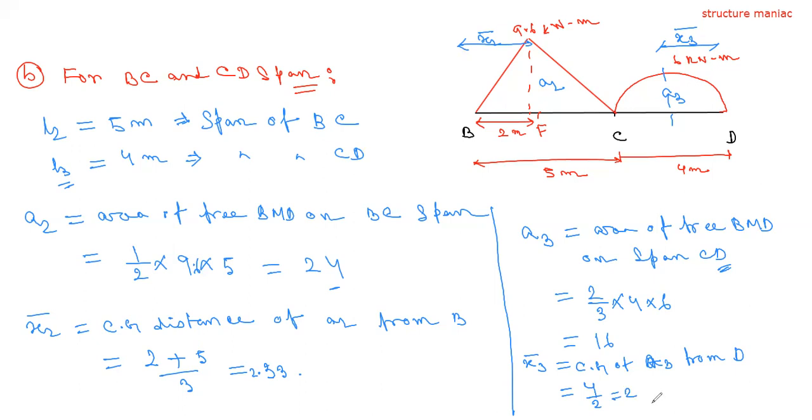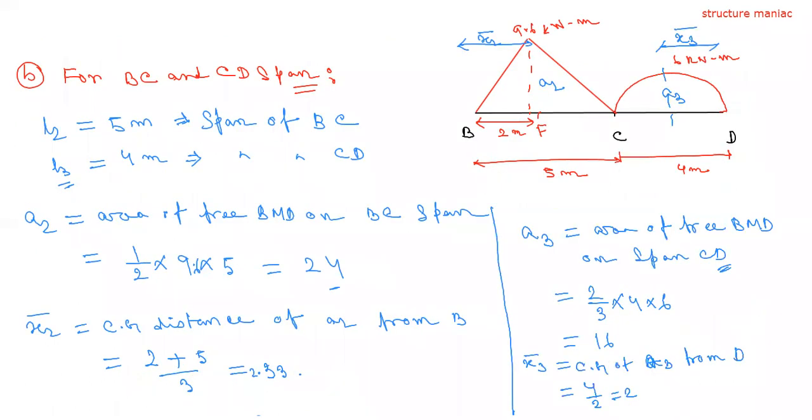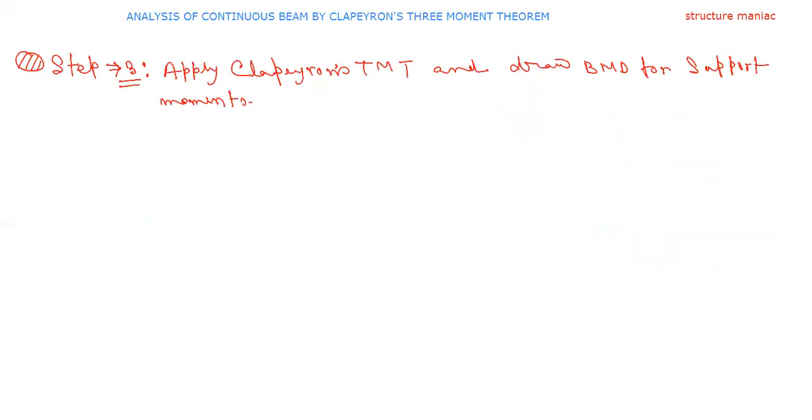Now we have got all these values for span AB, BC, and for span BC and CD. Now going to the next step, and the next step is apply Clapeyron's three moment theorem at any two consecutive spans and calculate the support moment and draw the BMD for the support moments.